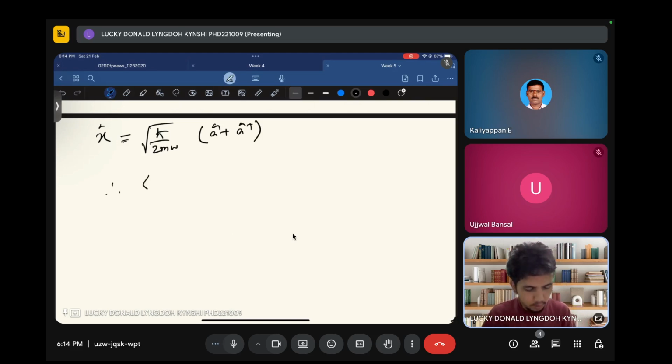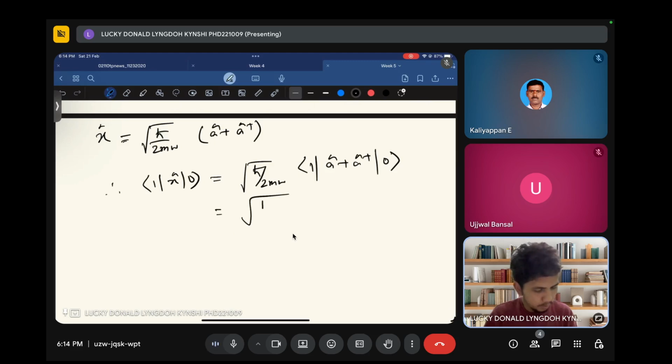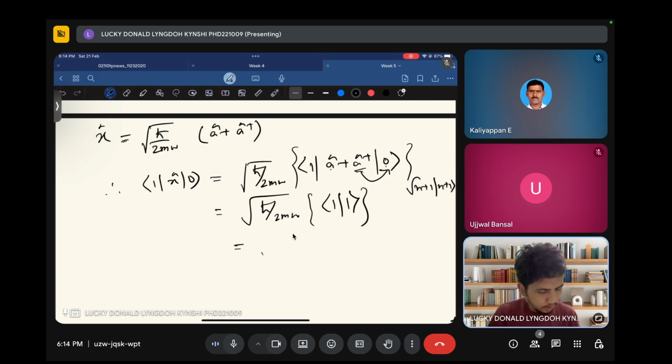Then therefore ⟨1|x̂|0⟩ will be equal to the square root of ħ by 2mω times ⟨1|(â plus â†)|0⟩, and this will be simply ⟨1|1⟩, because â|0⟩ is equal to 0, but for â†|0⟩ you get root of (n plus 1)|n plus 1⟩. You remember this one, right? So you will get simply the square root of ħ by 2mω.